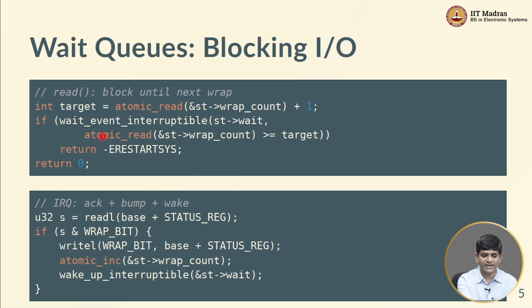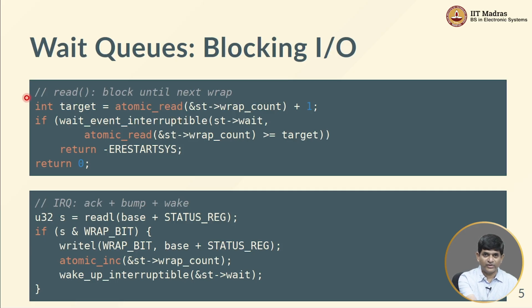But if it is satisfied, the entire function will return with this special code, -ERESTARTSYS, which is an enumerated data type, another code. It's basically an integer value somewhere in the kernel which indicates that something went wrong. Mostly what it means is I was waiting for an event to happen, but I got interrupted instead.